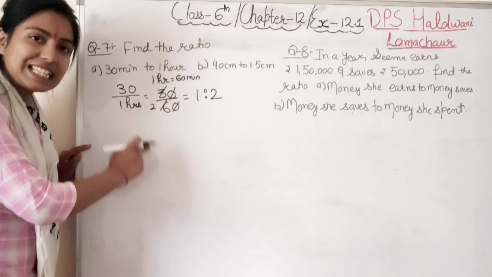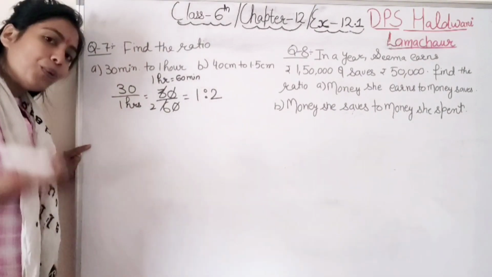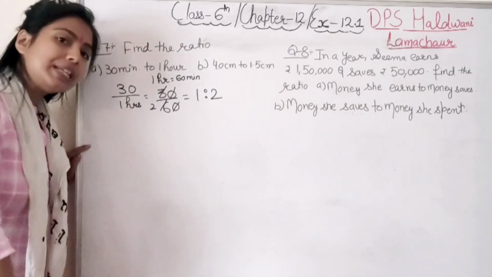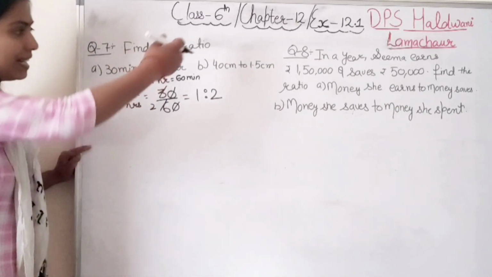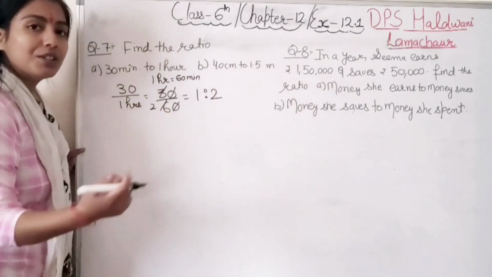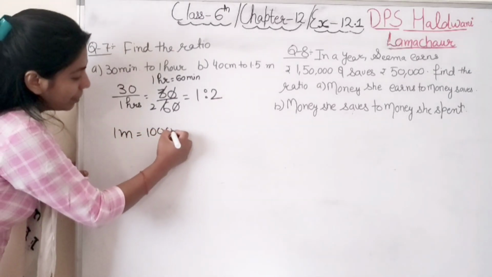Student, have you seen in the same question the conversion term also we have used. Whatever we have learned previously, we are using in the equation, right? Coming to our second part, centimeter to this much meter. First of all we will convert. We know 1 meter is equal to 100 centimeter.